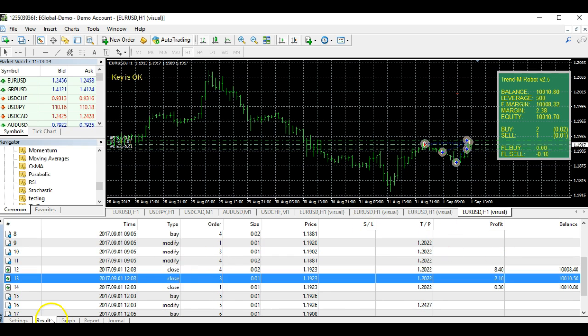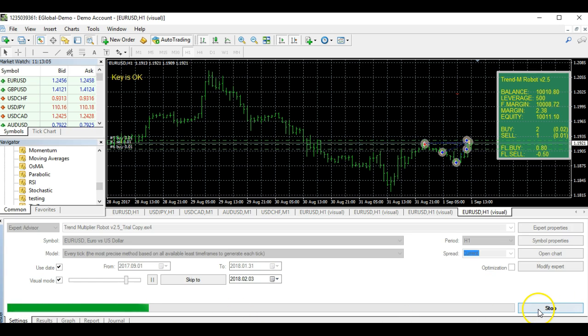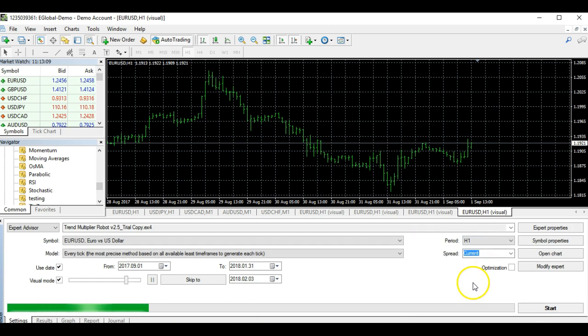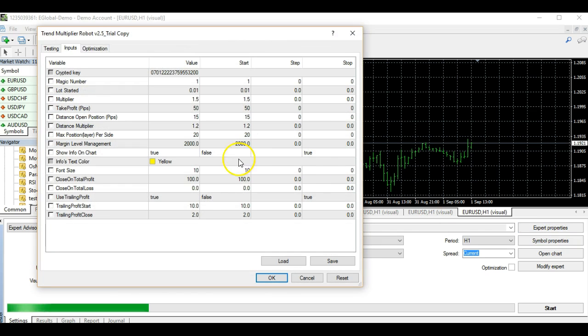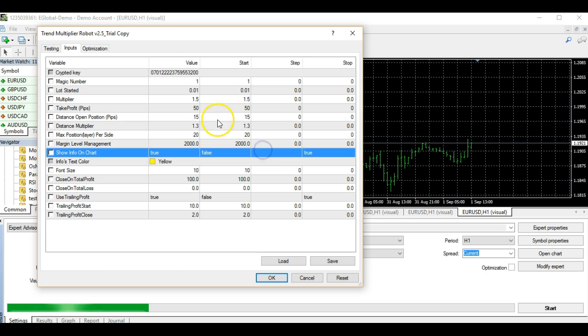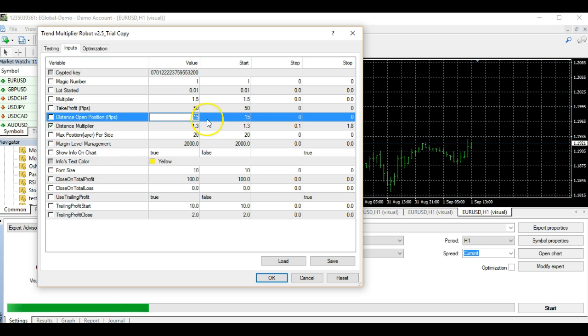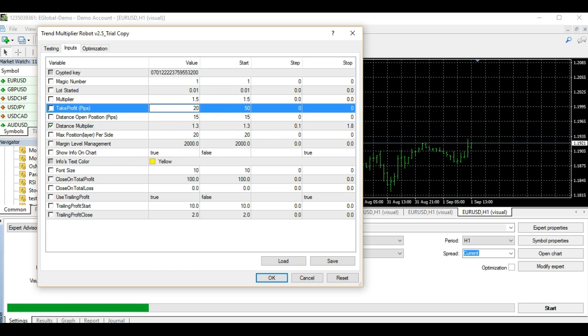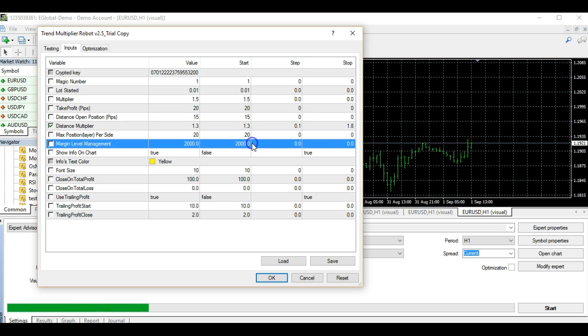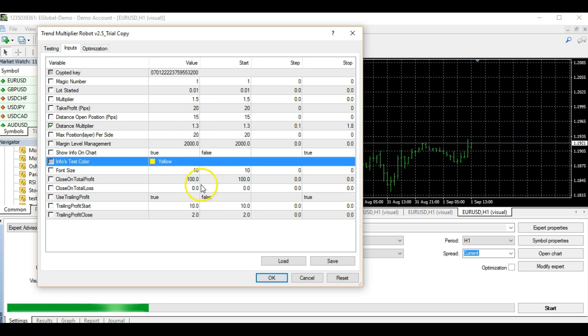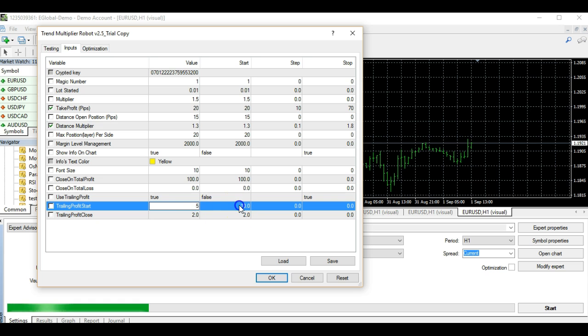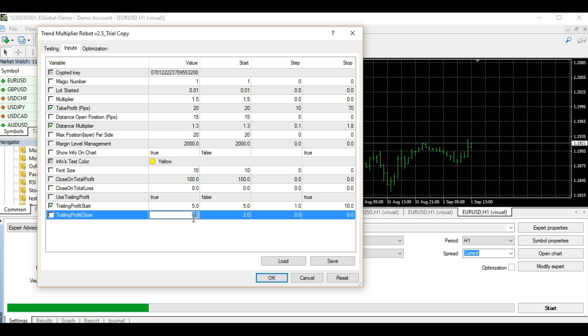Every time you want to change those settings, maybe I want it safer, so my distance multiplier will be 1.3. And then maybe I put 15 here, so take profit is nearer. And I want 5 on my profit start, and then I will close it with 1.